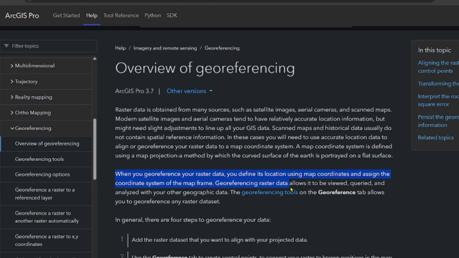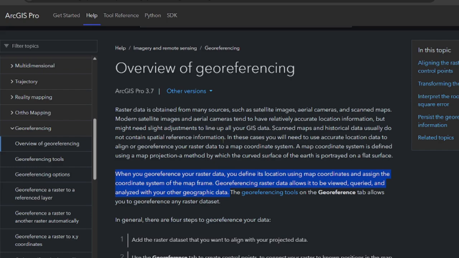Georeferencing raster data allows it to be viewed, queried, and analyzed with your other geographic data. So finally we can say, if we have any image or map which is not georeferenced, we can assign the geographical coordinate system to georeference the image or map.